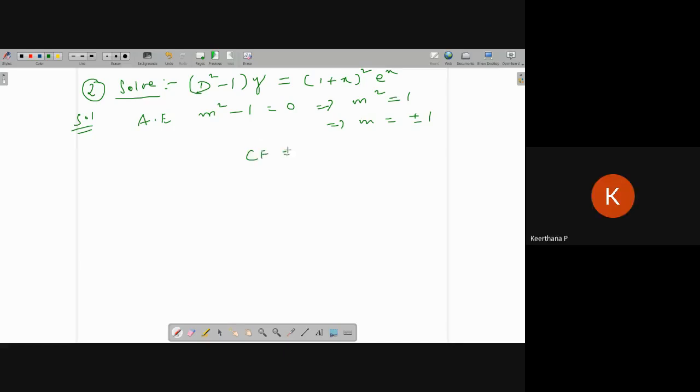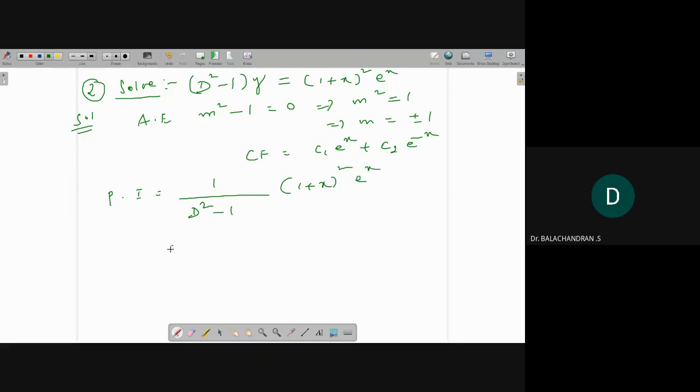CF equals C1 into e to the power x plus C2 into e to the power minus x. Okay, good. And then PI. If you have any doubts, I will help you. So 1 plus x whole square into e power x.